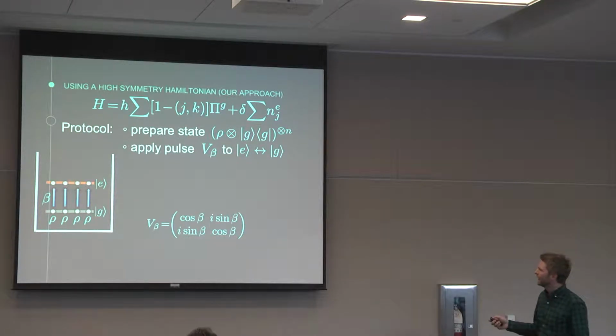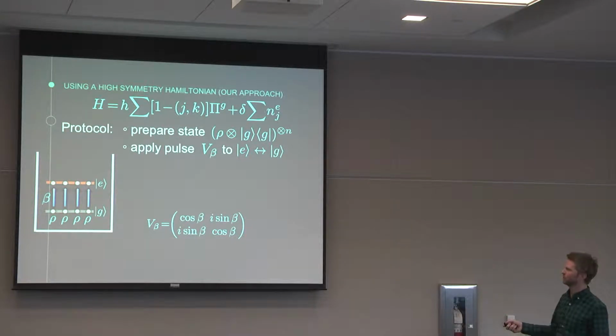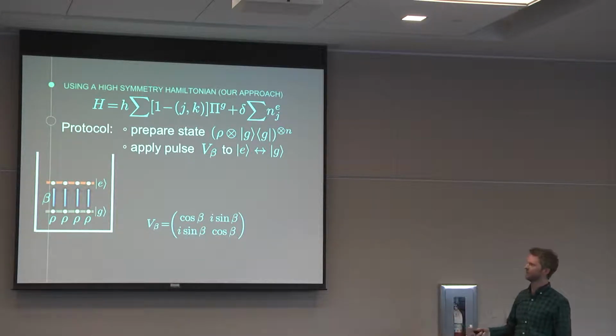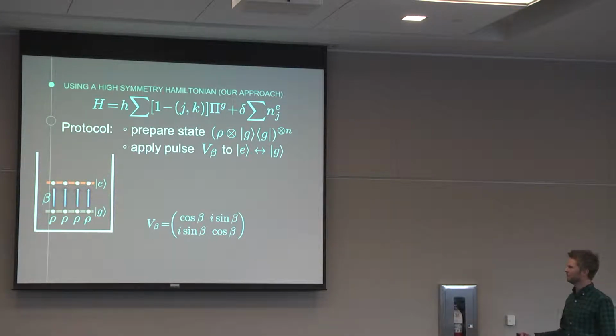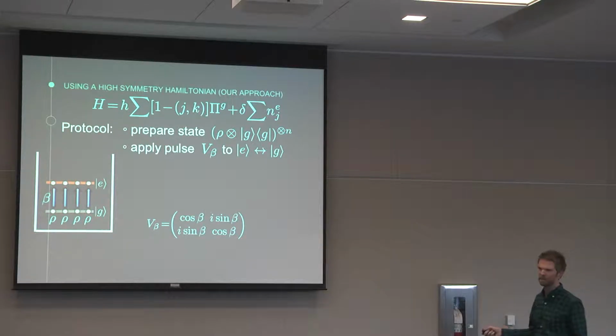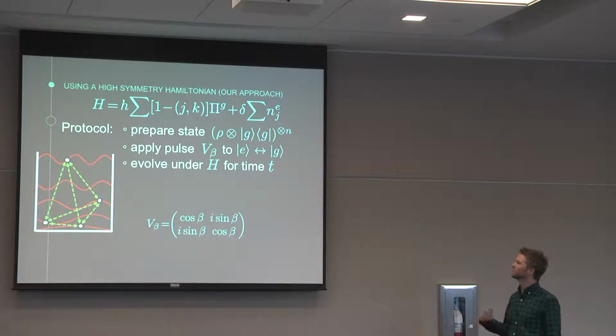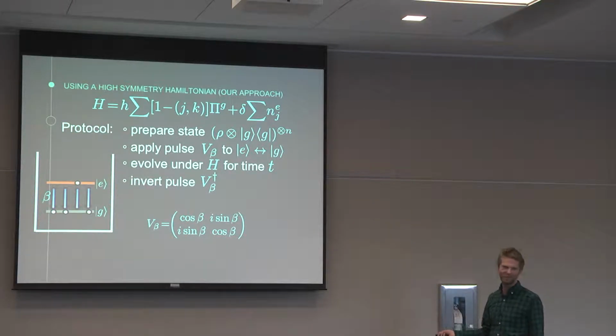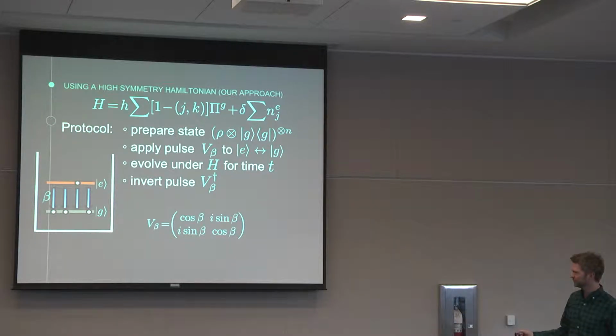Then they should apply a pulse, this V_beta, which is a partial rotation between the lowest and the first excited electronic state of strength beta. Then they should just leave the Hamiltonian to evolve the system for some time t. Then they should invert the pulse that they applied before.